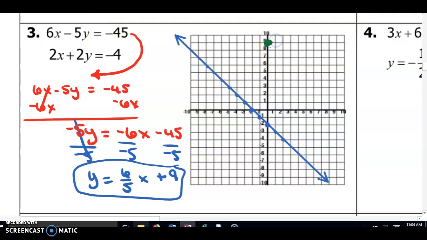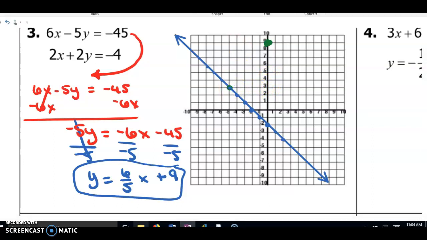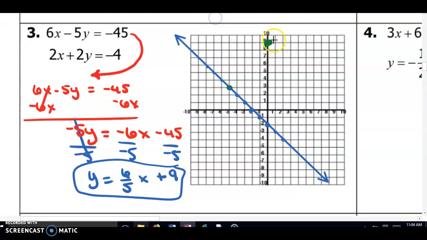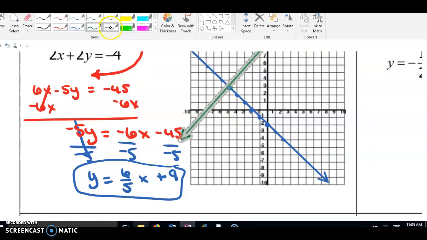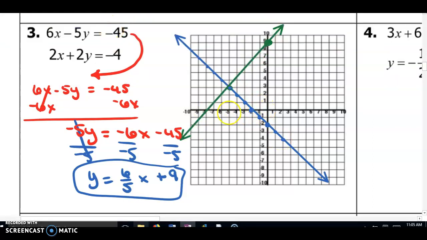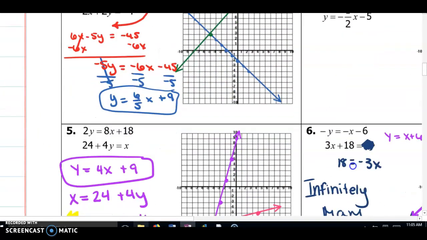We're running out of room, so we can go down 1, 2, 3, 4, 5, 6, and to the left 1, 2, 3, 4, 5, and we land right on that point. So no need to go further. We can see that our solution is -5, 3. Alright, so there's an example of a graphing problem.